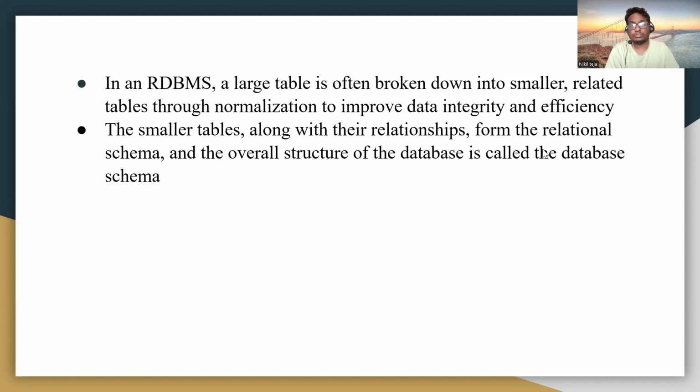The smaller tables will have relationships among them, so that we can make insights. So the smaller tables with the relationships are called relational schemas, and the total structure is called the database schema.